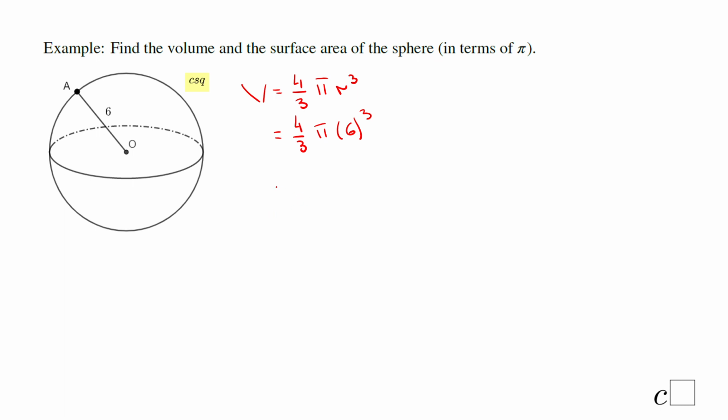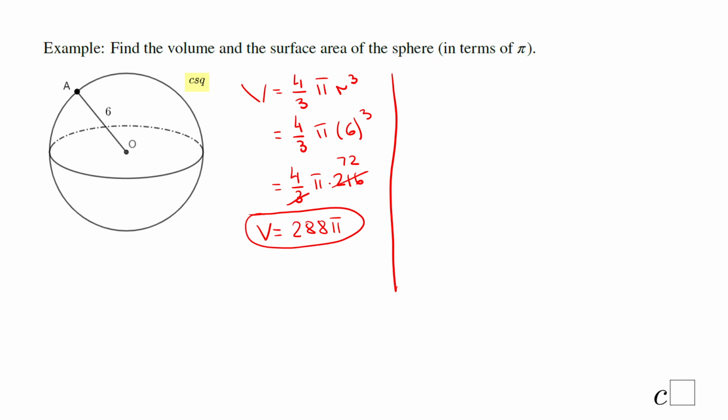So that one will be 4 over 3 times pi times 216. And here you can simplify. 3 goes in 216 72 times, and 4 times 72 is 288. Don't forget the pi. The volume of this sphere is 288 pi cubic units. Remember, the volume is measured in cubic units.